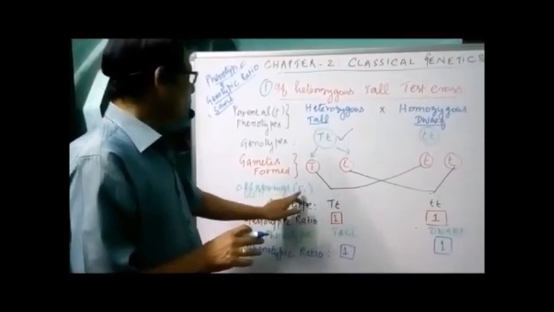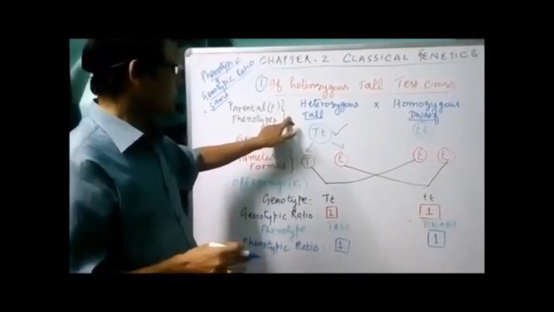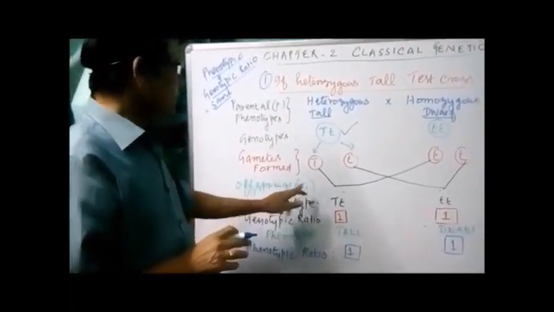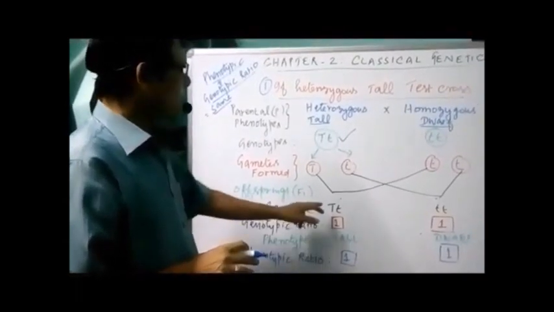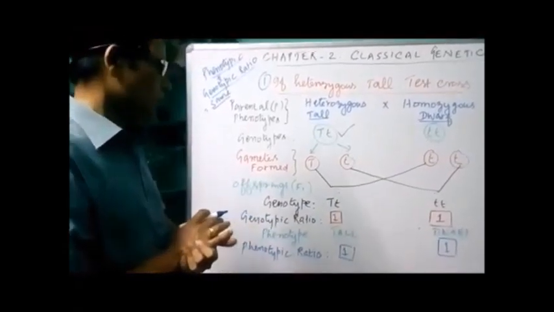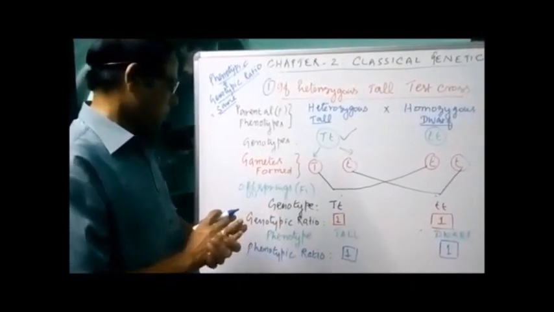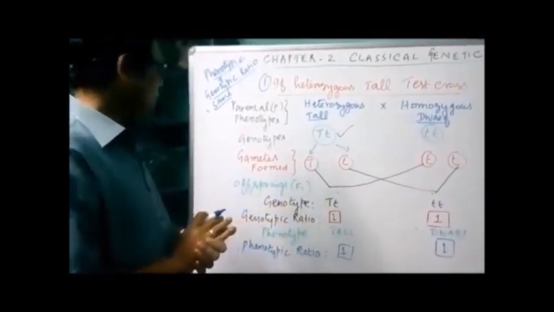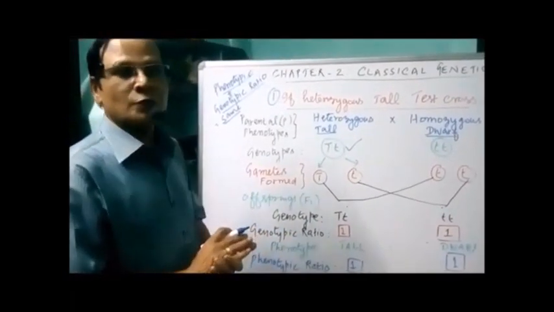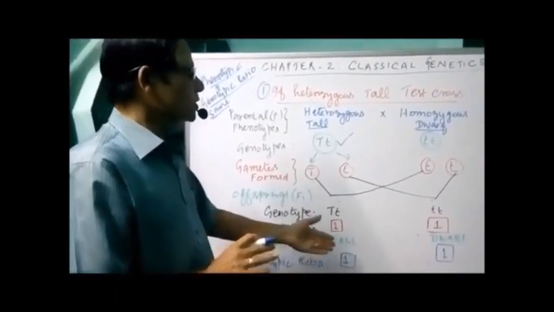The offspring of F1, from the parental types, have the genotypes one heterozygous tall and one homozygous dwarf. Now what is the genotypic ratio? As we have 50-50 probability, it is 1:1. If you take the phenotype, 50% of the individuals are tall and 50% are dwarf, so the phenotypic ratio is also 1:1.